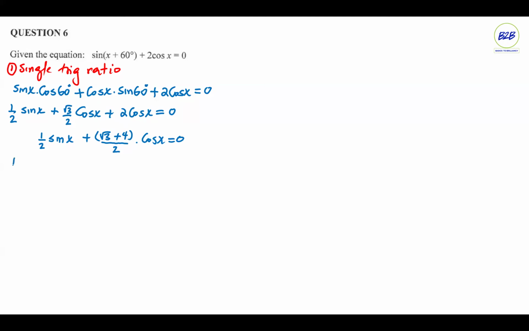We will get 1 over 2 sine of x all over cos of x plus root 3 plus 4 all over 2 times cosine of x all over cosine of x is equal to 0 all over cosine of x.